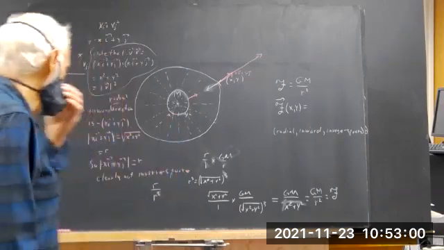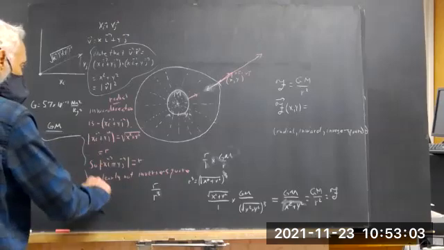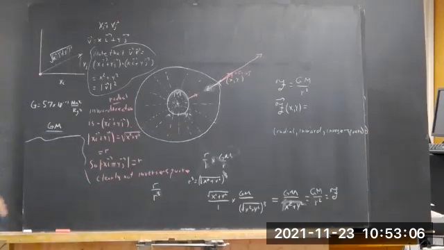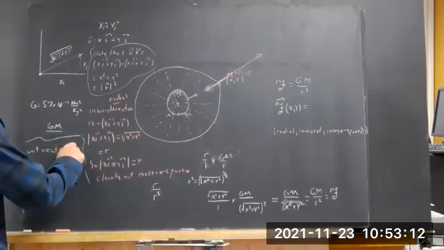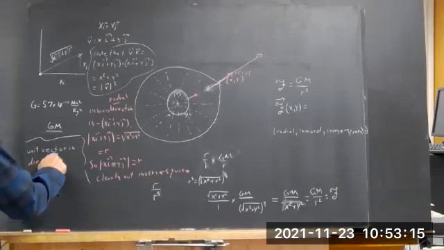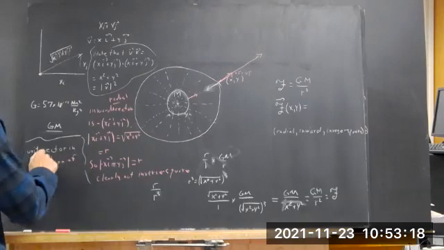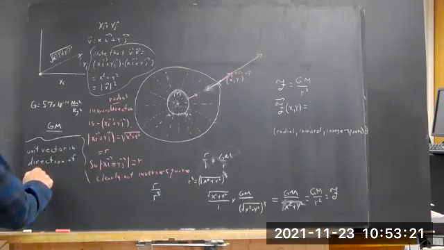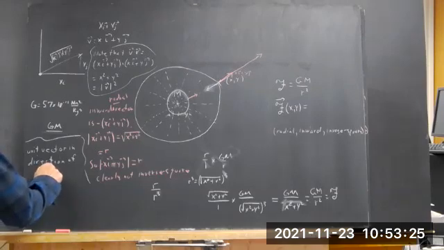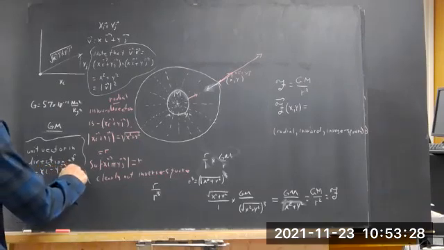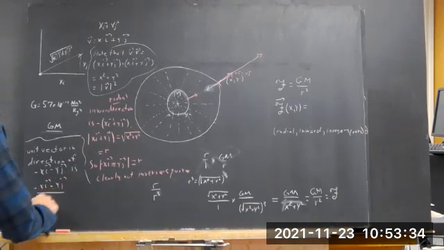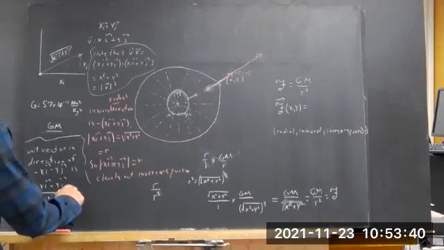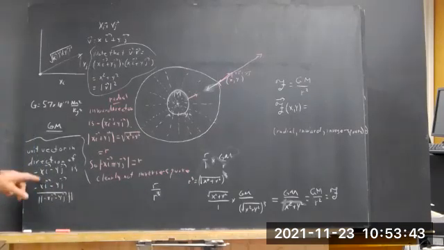I'll fill this in for you, but this should be second nature from multivariable calculus. It's the vector over its magnitude.